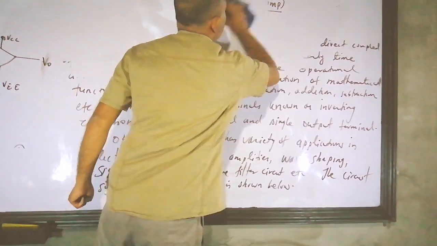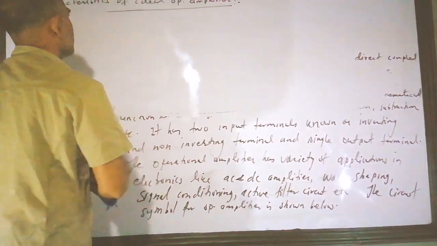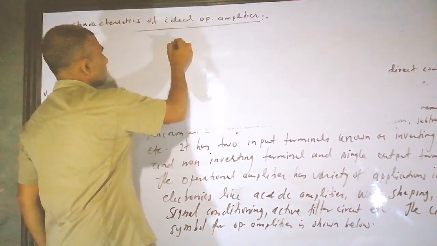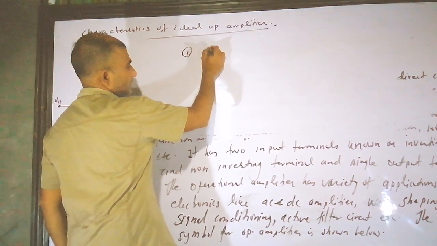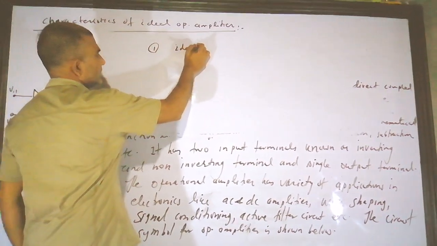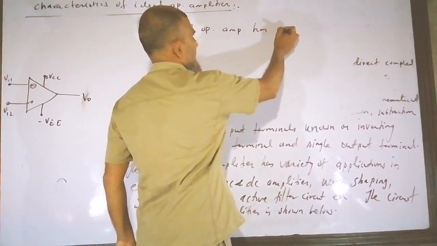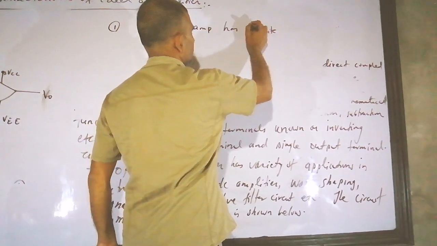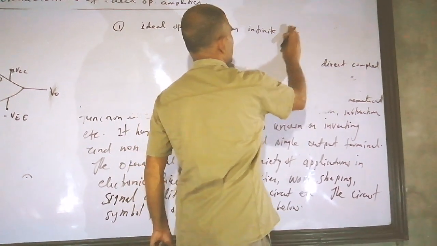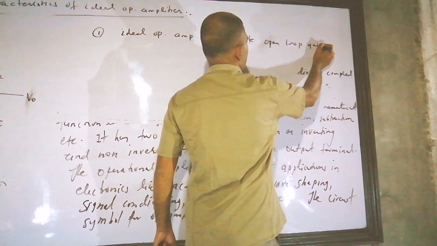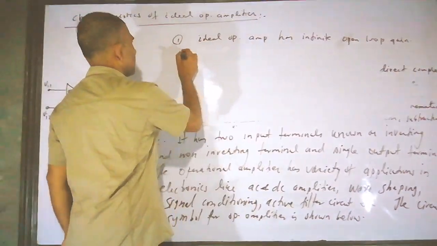One of the characteristics I told you: the ideal op-amp has infinite open loop gain.